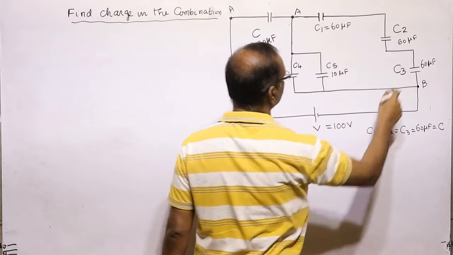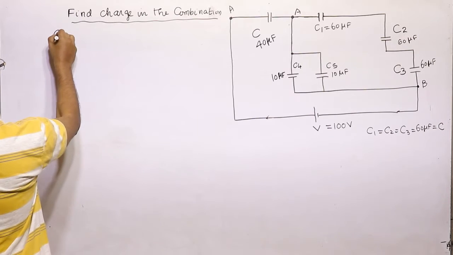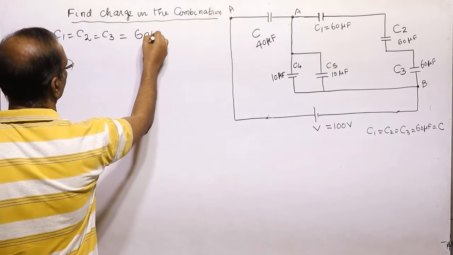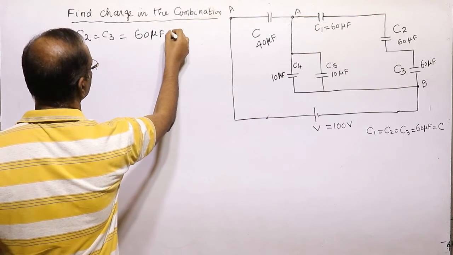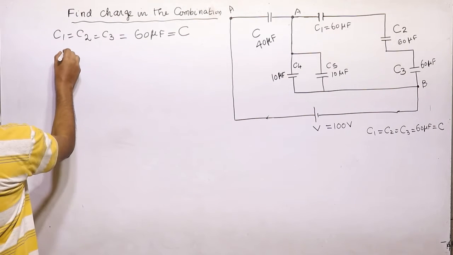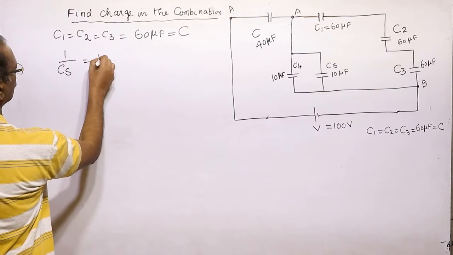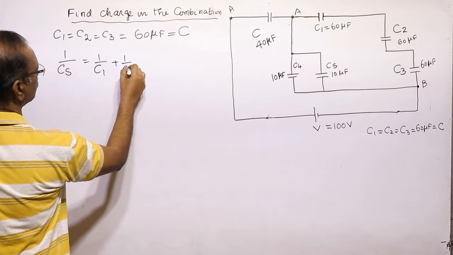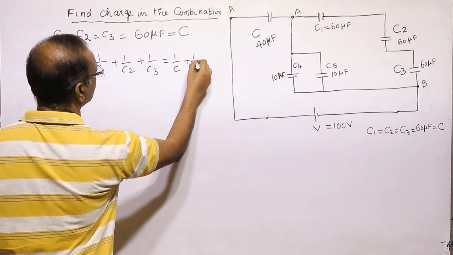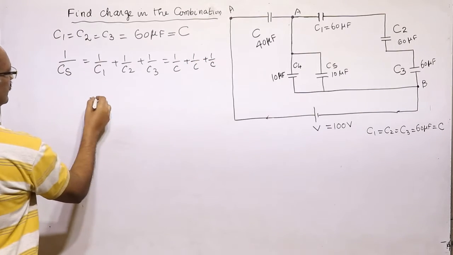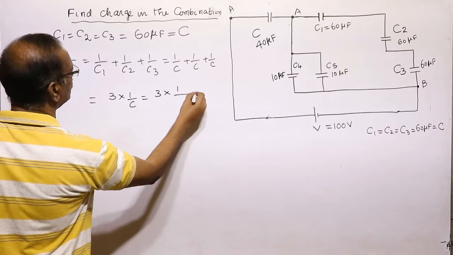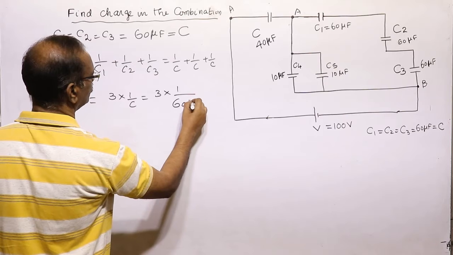So from A to B it is in series. C1 is equal to C2 is equal to C3 is equal to 60 microfarad, that is, we can say C. So all the three capacitors are in series. 1 by C series is equal to 1 by C1 plus 1 by C2 plus 1 by C3, which is equal to 1 by C plus 1 by C plus 1 by C, is equal to 3 into 1 by C, is equal to 3 into 1 by 60 microfarad.